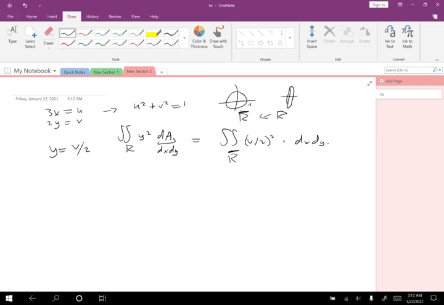So now we just need the Jacobian, right? Because x equals u over 3, so now this is du over 3 times dv over 2. So the Jacobian is 1/6.